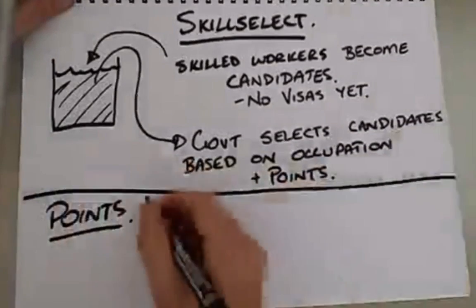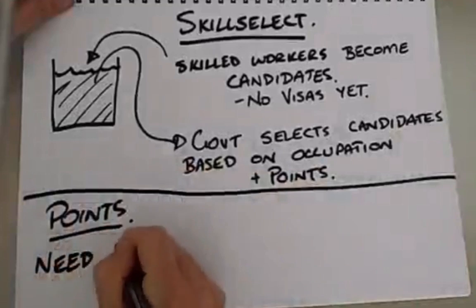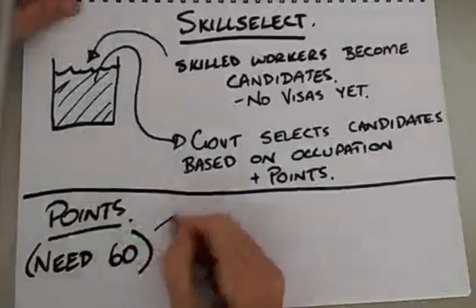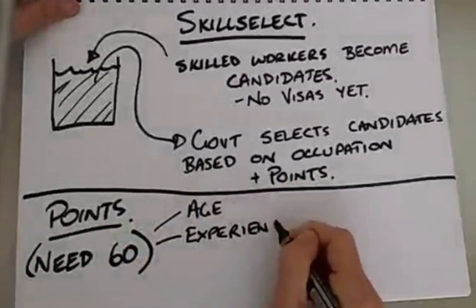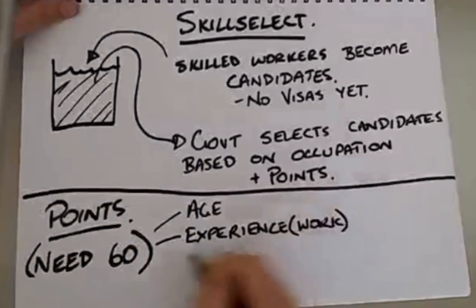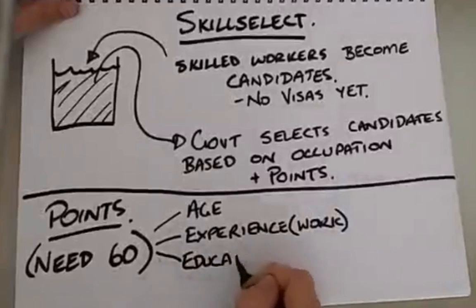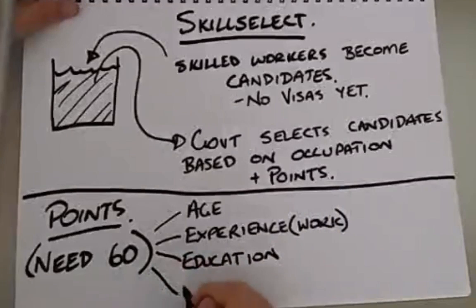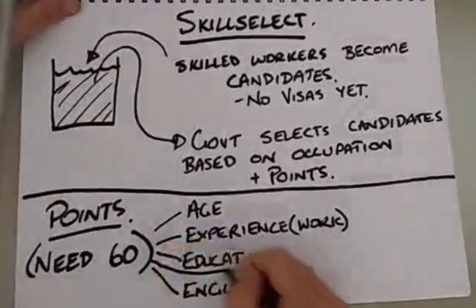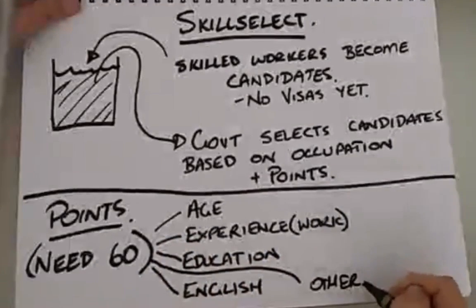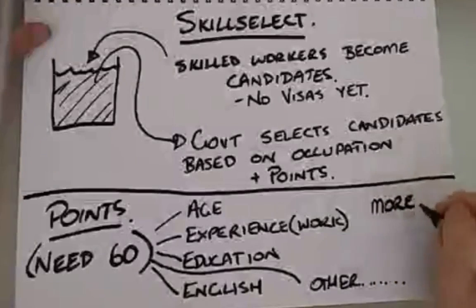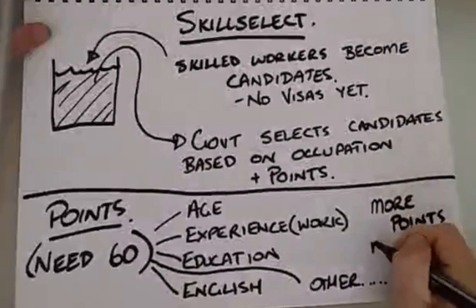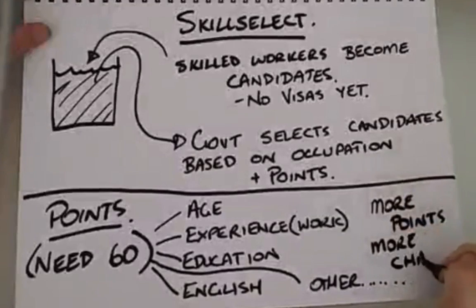These points are based on things like your age, your work experience, noting that only after you've become qualified does the work experience count, your education, and also your English. You will definitely need to take an English test to do this process. You can gain more points by doing other things, and we suggest that you check out the SkillSelect website. We've left a link below. The more points you have, the more chance you have of being invited to apply for a visa.